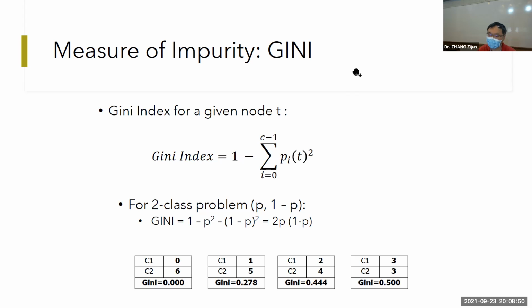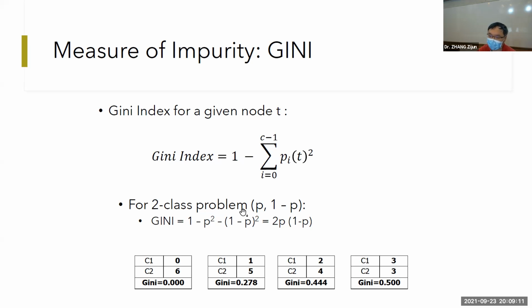So here we look into one example. Gini index for a given node T is expressed as this. We have seen it in the previous lecture, so it will be a good reference for you to check the example.